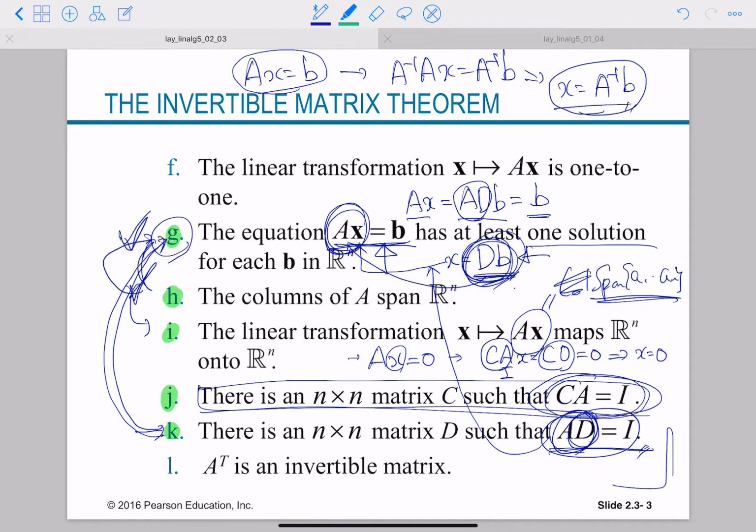Also that is related to the notion of one-to-one, so the one-to-one condition for the linear transformation Ax is equivalent to the linearly independent columns of A, right?